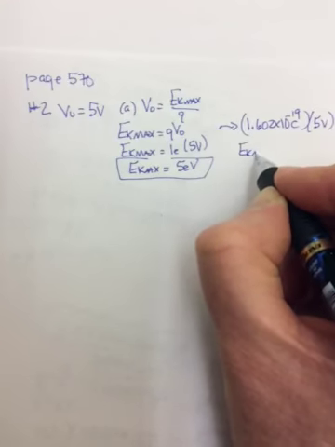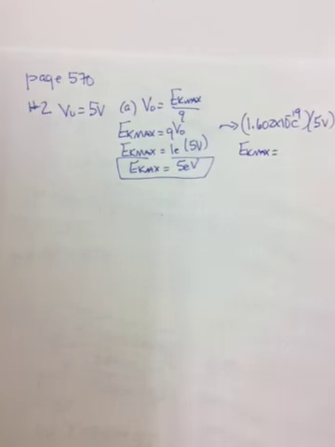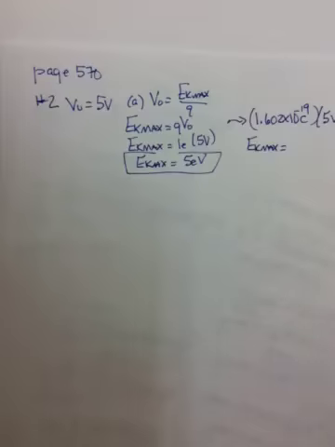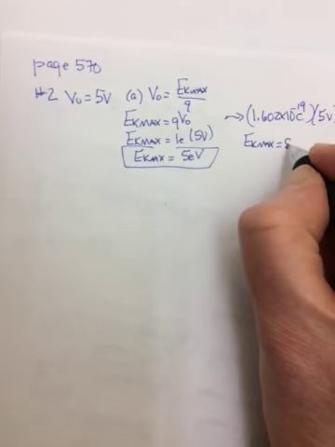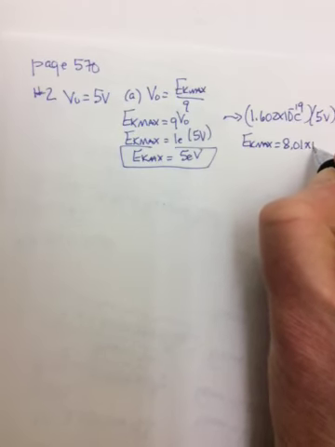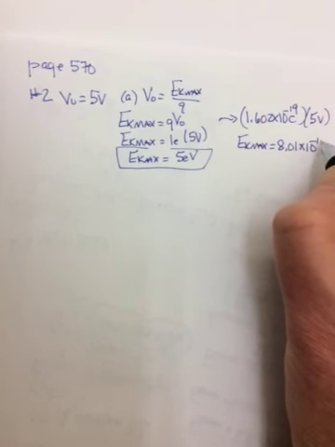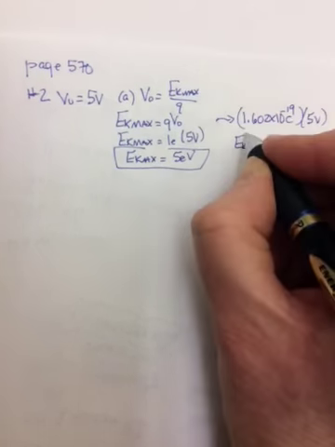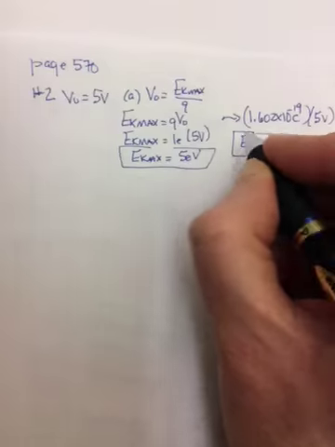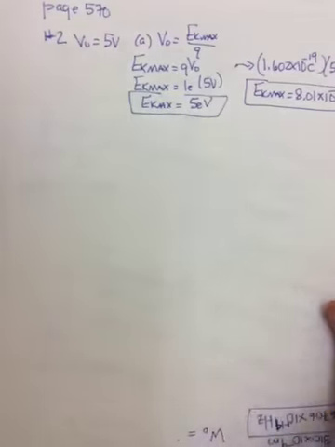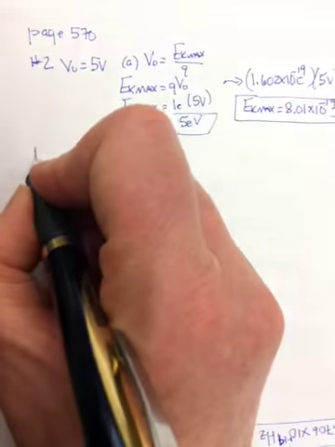So EK max will be equal to 8.01 times 10 to the negative 19, and a coulomb times a volt is a joule. That's number 2.